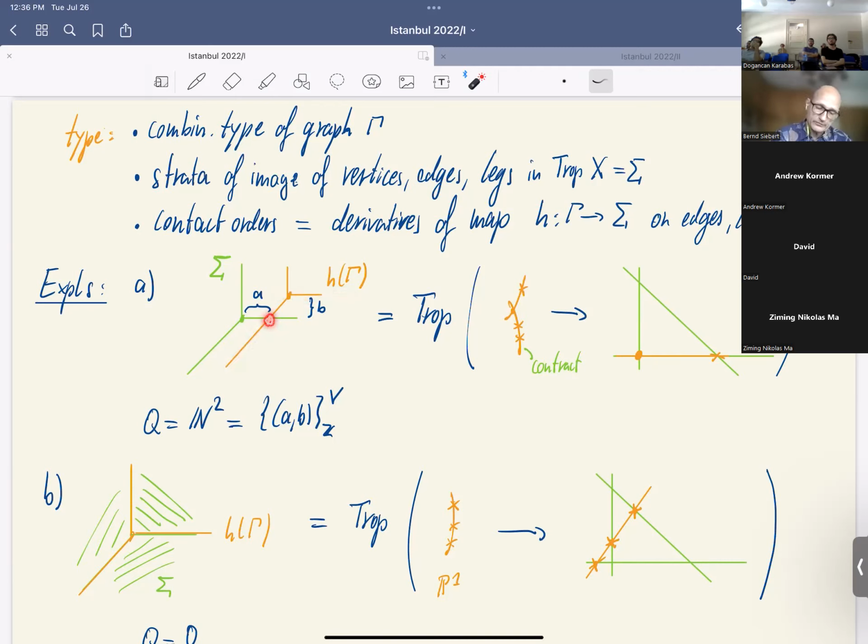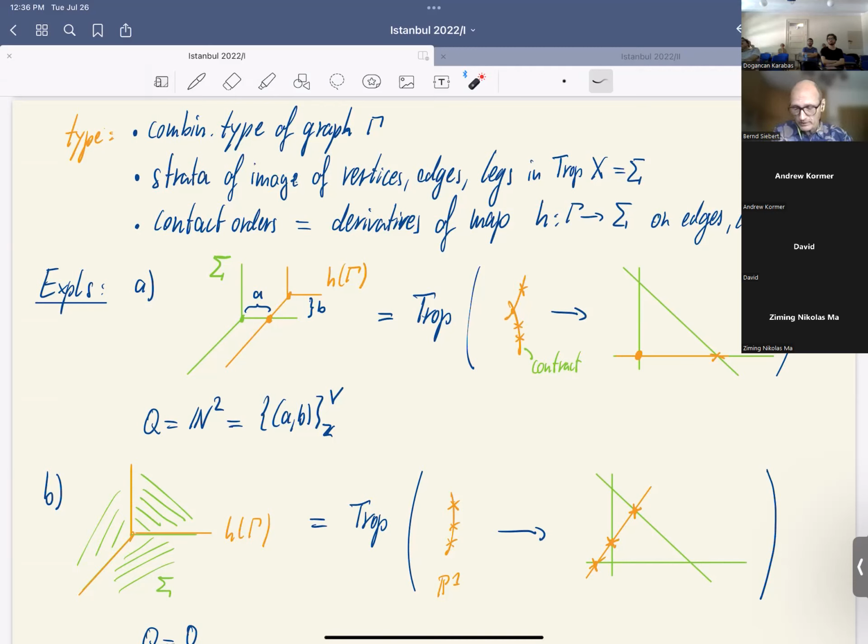So this vertex corresponds to this component. It has a node, this is this edge, and a marked point, this is this leg. While this one is the other vertex. It has 2 marked points and 1 edge, so one node.